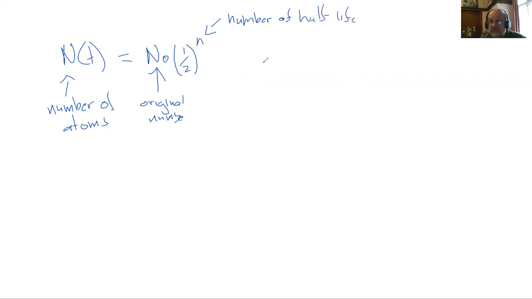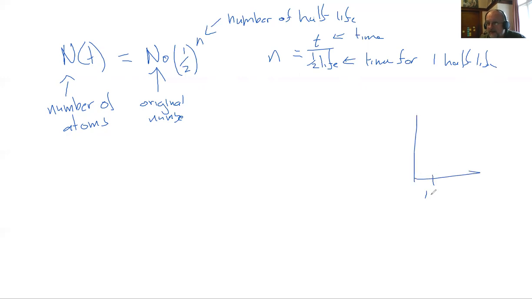And n is going to equal the time divided by the time for one half-life. So in the example I gave before, we said that the half-life time was 1 year. So every year we'd lose half our atoms.